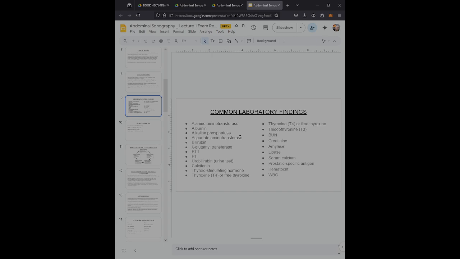Aspartate aminotransferase, we talked about it, an indicator of liver damage, together with the other aminotransferase, alanine aminotransferase. The increases indicate some kind of pancreatic disease or liver damage. Bilirubin.